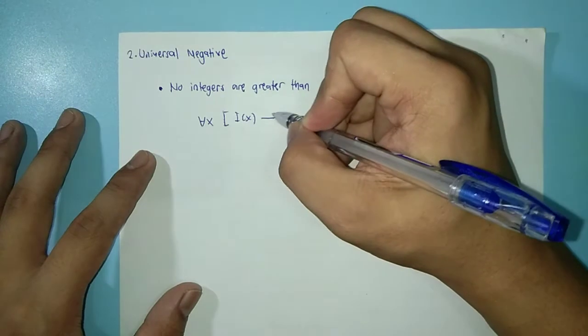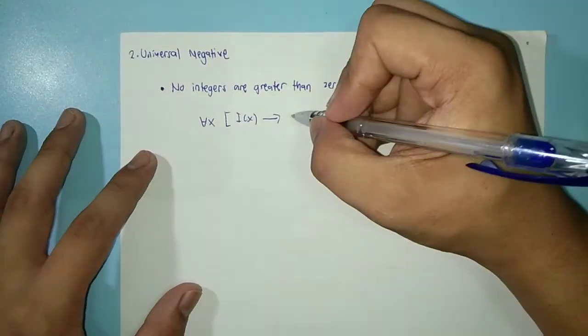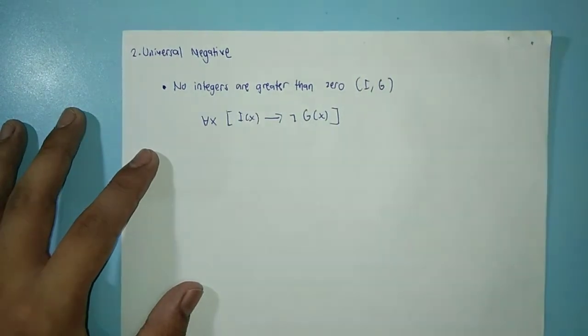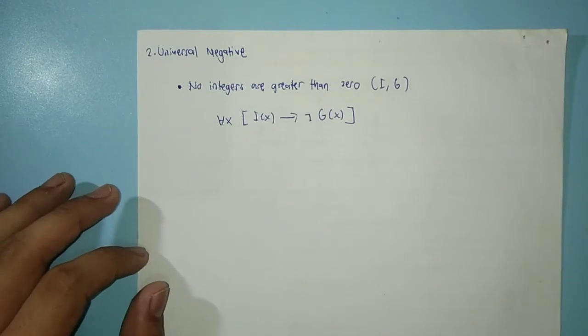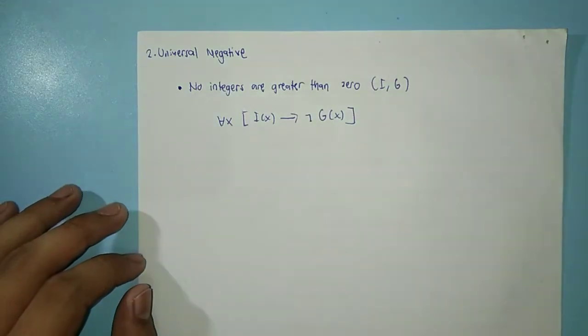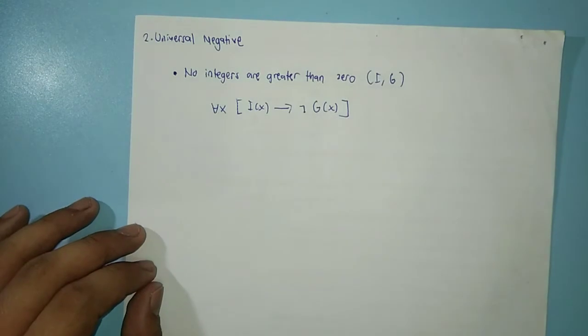Then implies pa rin, but negative. Okay? So meaning not g of x. Okay, so yan yung symbol for no integers are greater than 0. So integer implies not g of x. Where yung g of x, yan yung number na greater than 0.